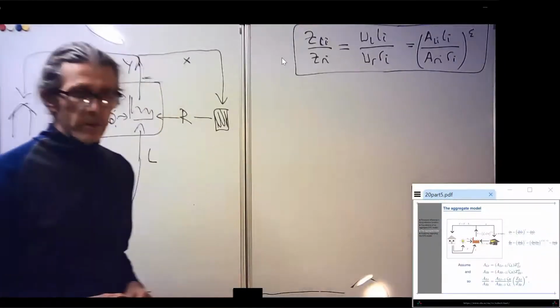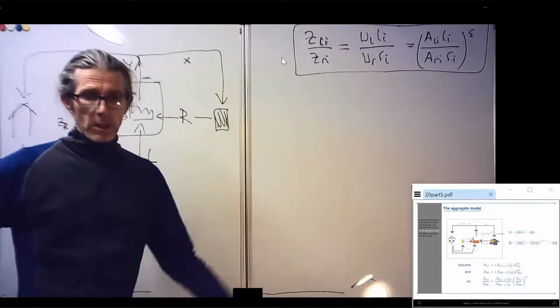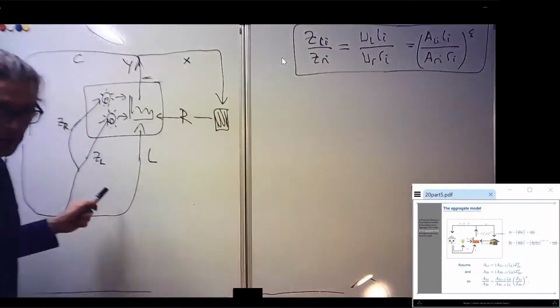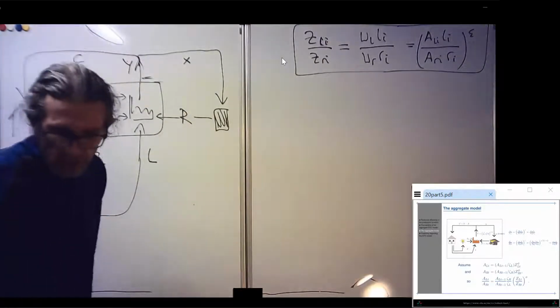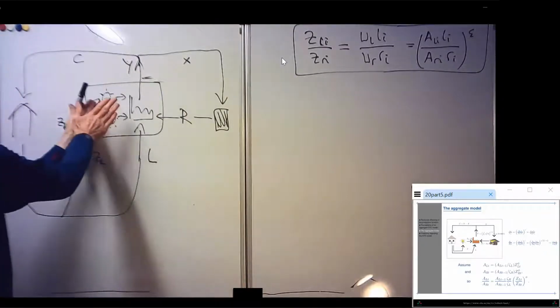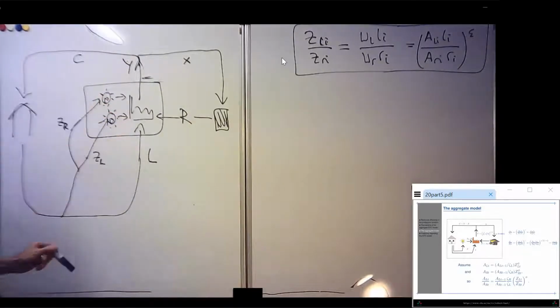Okay, so how do we now put this back into the overall economy context? I've drawn a very rough version of the picture on the slide here, the aggregate model. Now instead of one firm, we're thinking of all the firms, a continuum of firms.